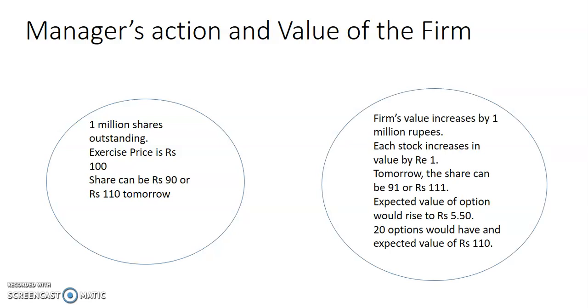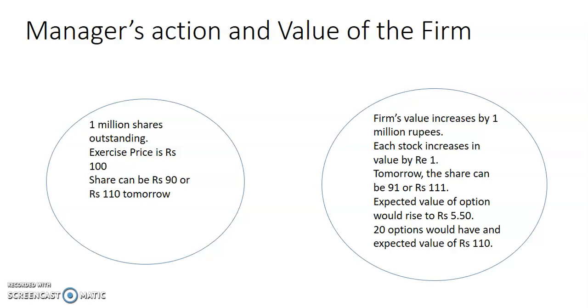We understand that the value of an option increases as the value of the firm rises. Suppose that the manager takes certain actions by which the firm becomes more valuable. Let's say that the action results into a condition where value of every share of stock rises by exactly rupee 1. This can happen because let's say there are 1 million shares outstanding and the firm's value increases by 1 million rupees.